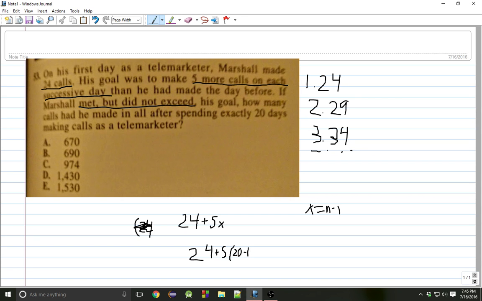That's 5 times 19. Well, 5 times 19 equals 95, plus 24. If you do that with a calculator, I'm not a number sense guy, so 95 plus 24 adds up to 119.